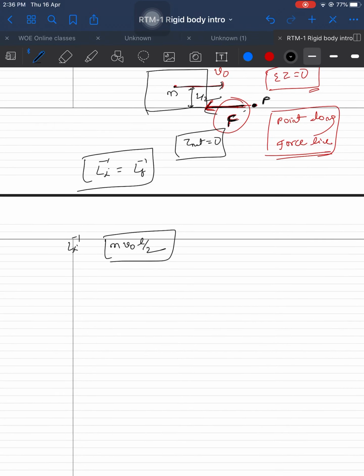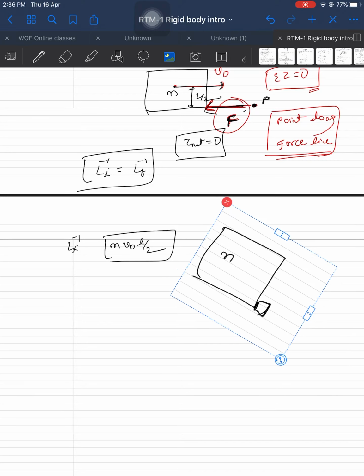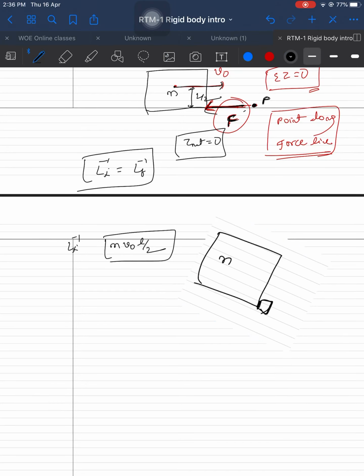Final angular momentum, see carefully. It was rotating in this way. About which point is it rotating? Carefully see, about this point here. If it is rotating about this point, what will be the angular momentum?